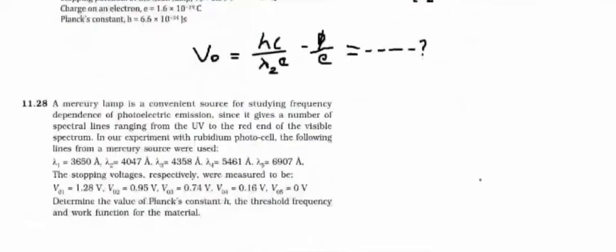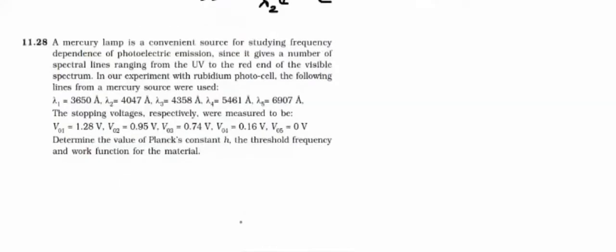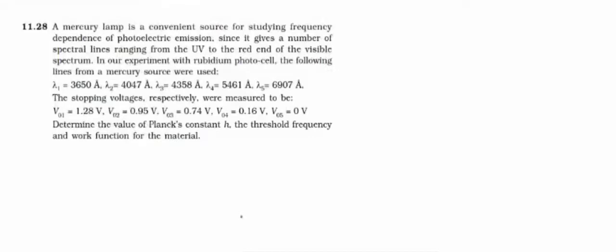Then question 28. A set of values is given: wavelength and stopping potential. Determine the value of Planck's constant and threshold frequency, then work function, etc. So in simple terms, what can be done here? You can find the frequencies nu1, nu2, nu3, etc. from the wavelengths.